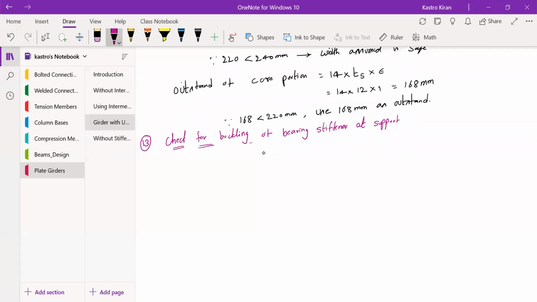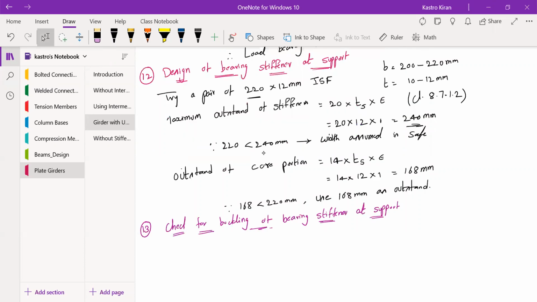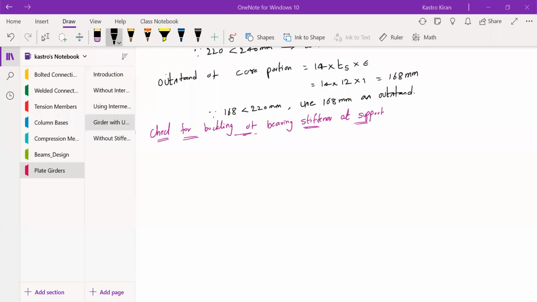You have provided the stiffener now. What you have to do is find out whether this stiffener, with the 220 by 12 mm dimension, gets buckled or not. So you have to find out the buckling capacity of the bearing stiffener which you have provided at supports.